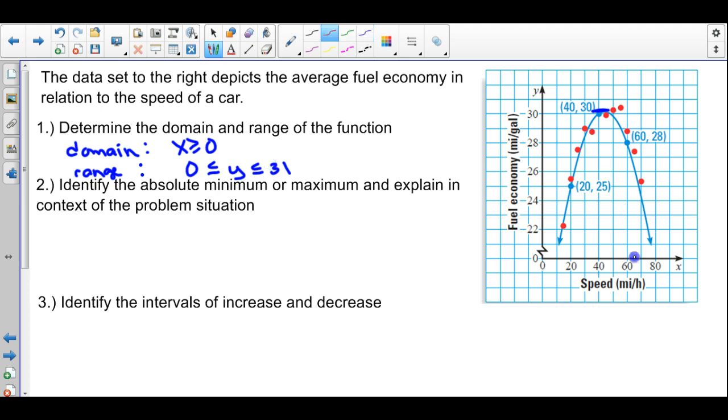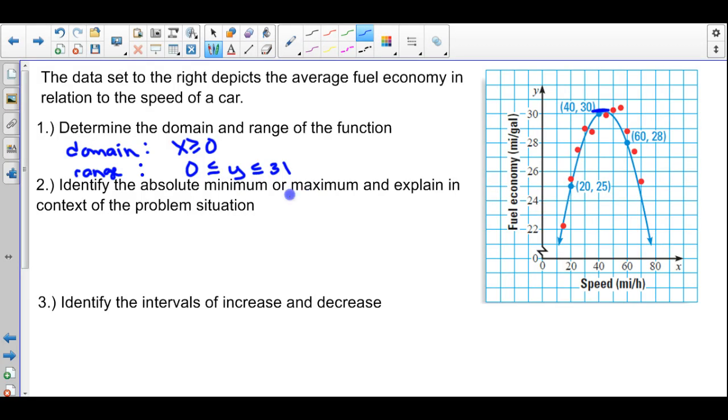So again, you know that this parabola is going to keep going down, and you cannot have a negative fuel efficiency in miles per gallon. So that's why in both of these cases we would say that your fuel efficiency would technically be 0 if you kept the curve going. But in terms of our problem situation, the maximum that we have is going to be 31 miles to the gallon.